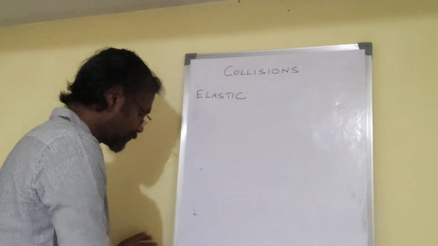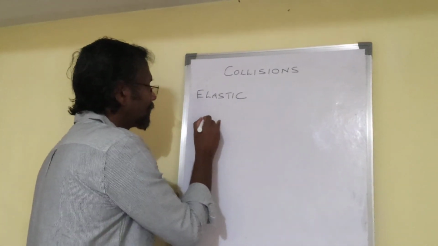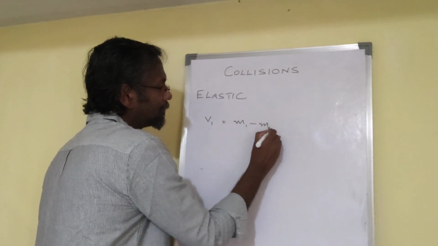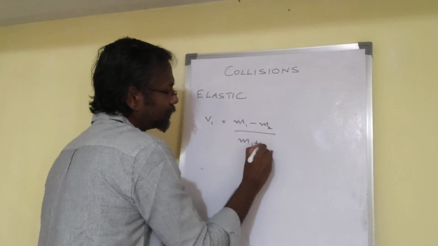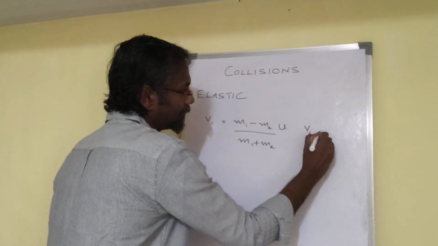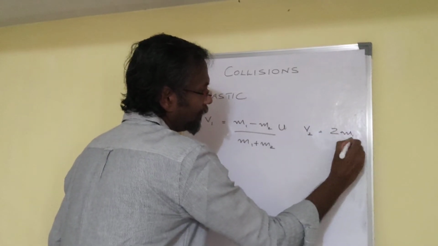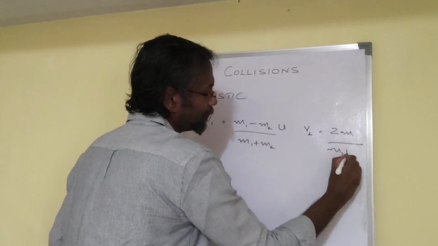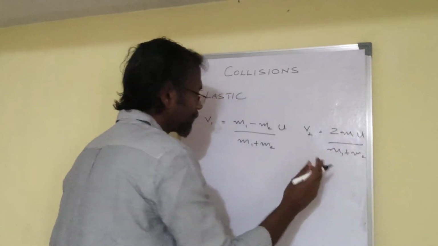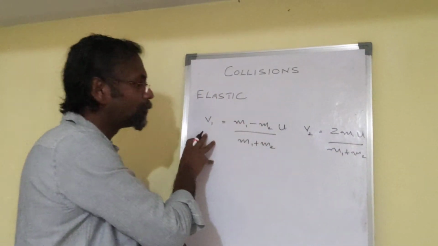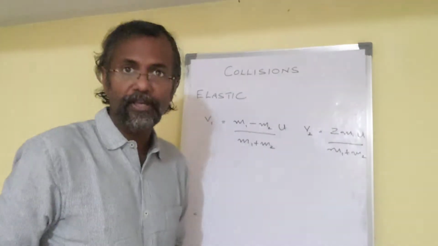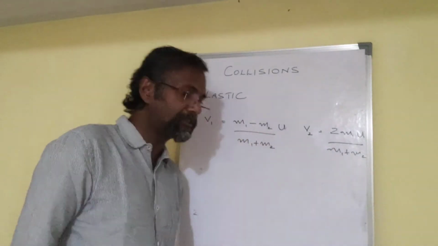When you solve these two equations, you get V1 equal to (M1 minus M2) by (M1 plus M2) into U, and V2 equal to 2 M1 by (M1 plus M2) into U. Because M1, M2 and U are given, you get V1 and V2. Hence you have solved for V1 and V2.